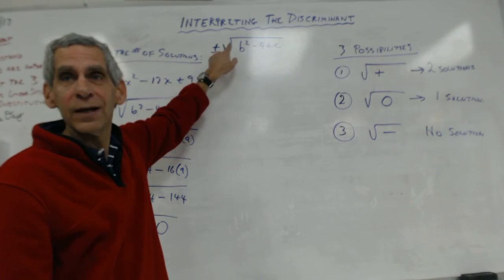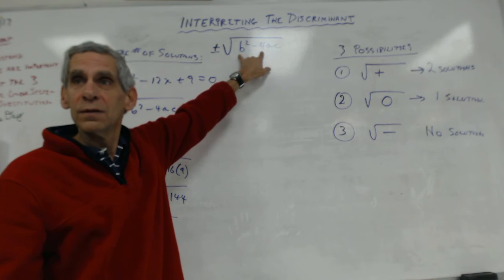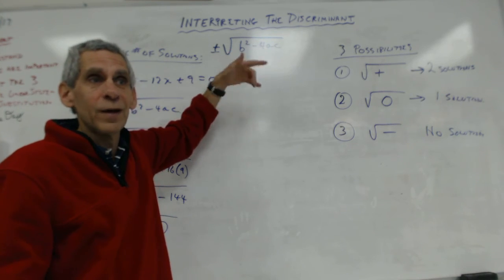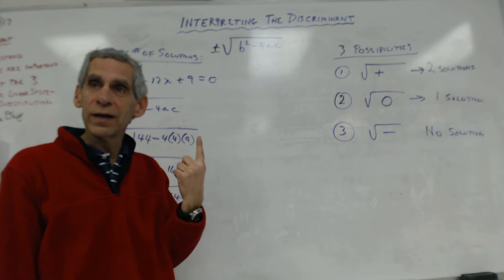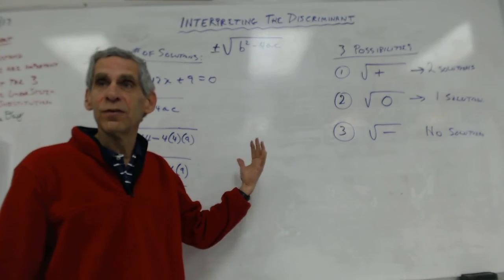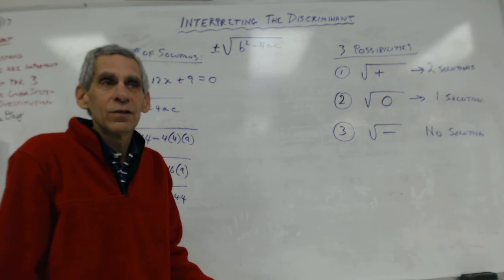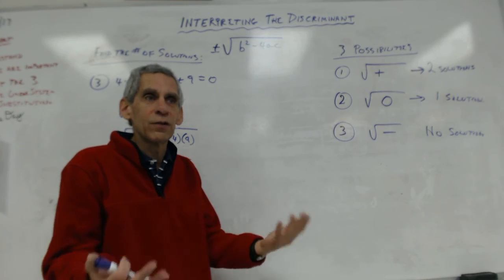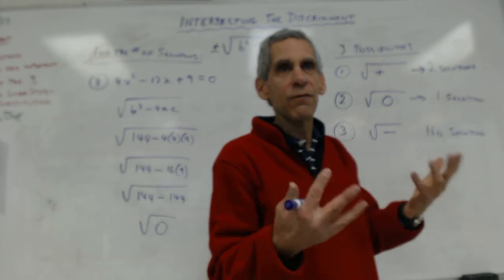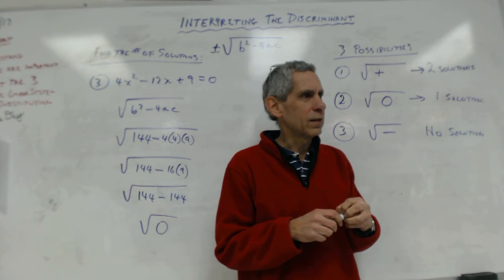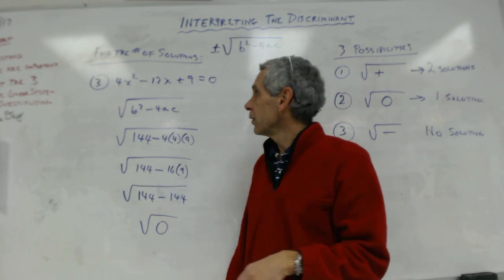If it's plus or minus a positive number, there are 2 answers. If it's plus or minus nothing, there's only 1 answer. If it's a radical with a negative, you can't have a solution. Does it make sense?